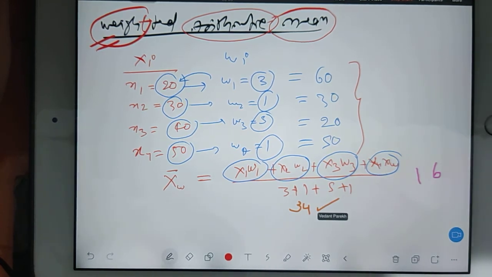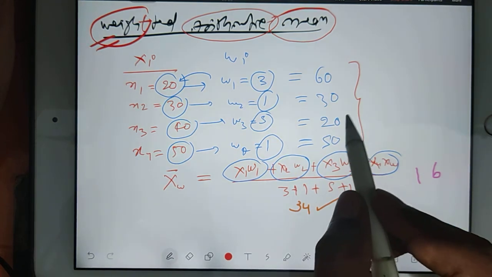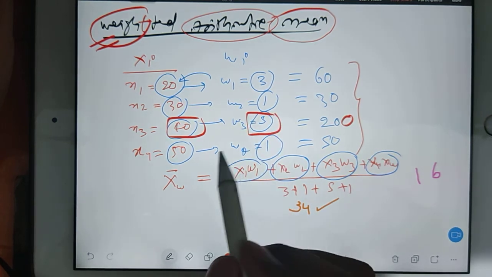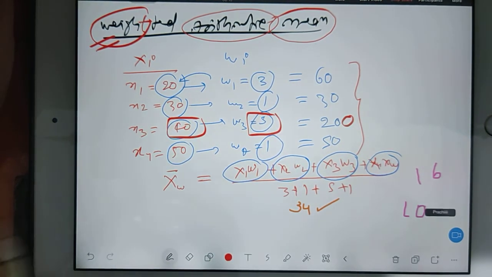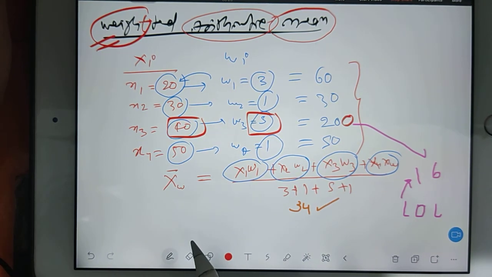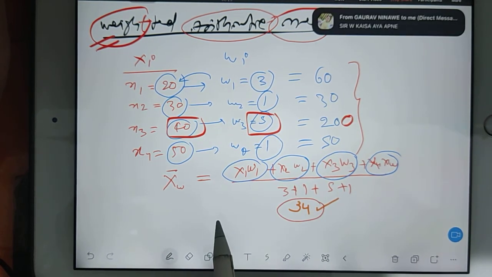Yes, 34 is coming. 34 is correct. Because I had made a mistake here. It should be 200. If you multiply 40 and 5, you will get 200. Okay, so 34 will come.